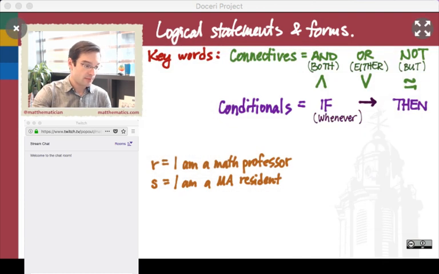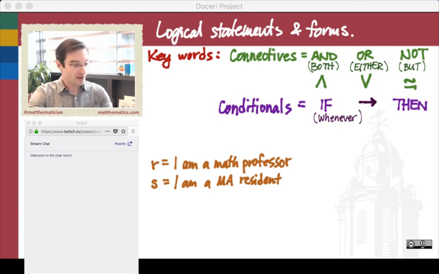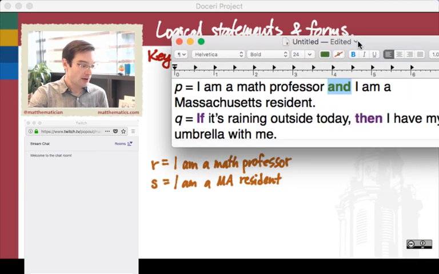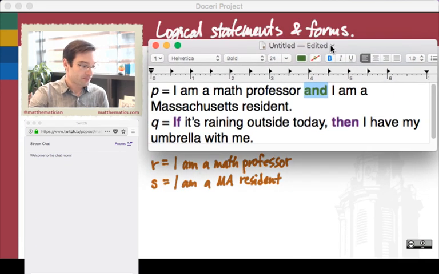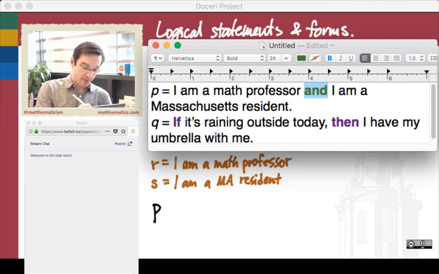My logical and connective is this upside down V right there. So if I want to write P as a compound proposition, P, the proposition I am a math professor and a Massachusetts resident, then I would write R and S and connect them together with that and symbol.